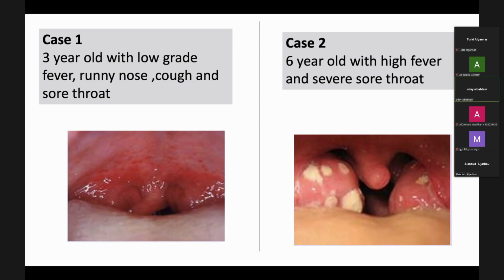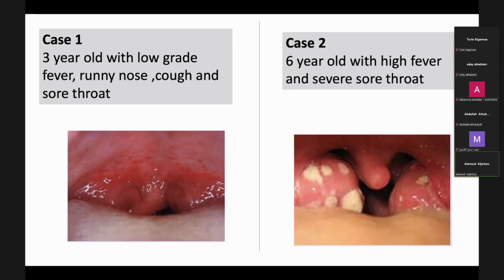For the management. Okay, but why will I manage this one with antibiotic and this one without antibiotic? If it's viral, we don't give antibiotics. If it's bacterial, we give them.